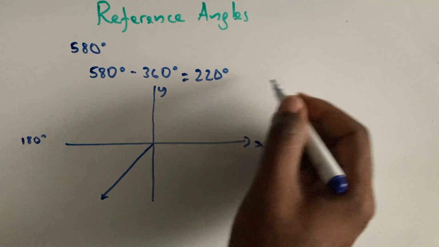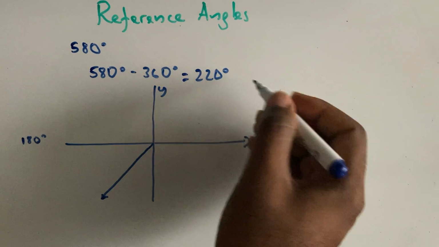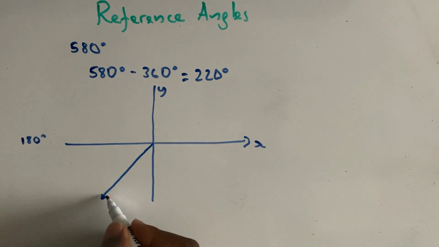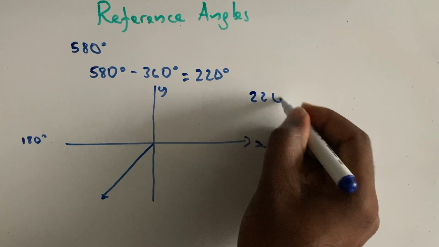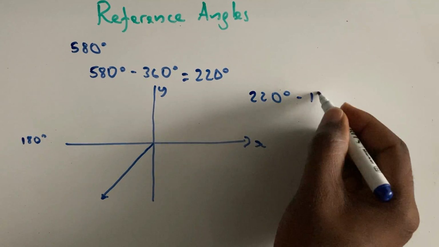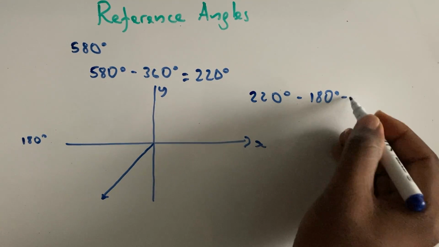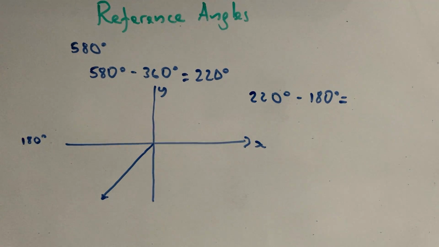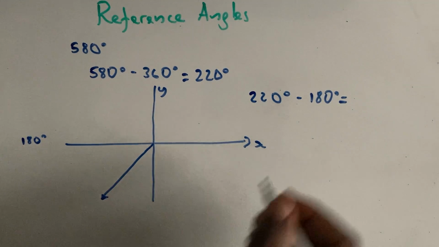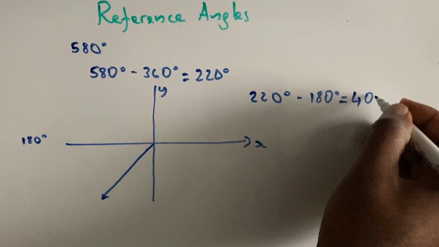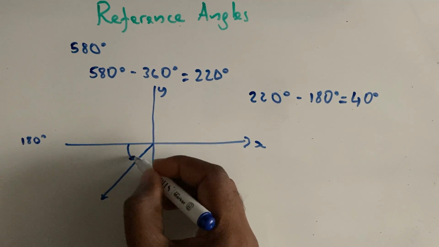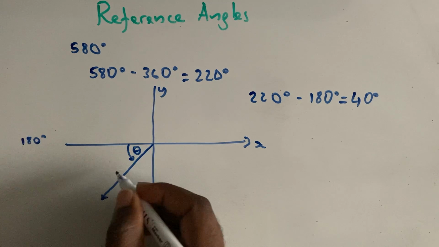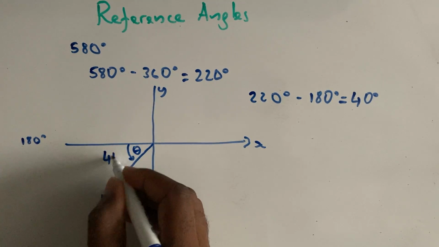Okay, so you can do it this way, or you can just say, if it's 220, it's right here, I need to subtract 180. So let's do 180 subtracted from 220 to get this actual angle we need. In this case, it would be 40 degrees. So this angle right here, if we call it theta, will be 40 degrees.